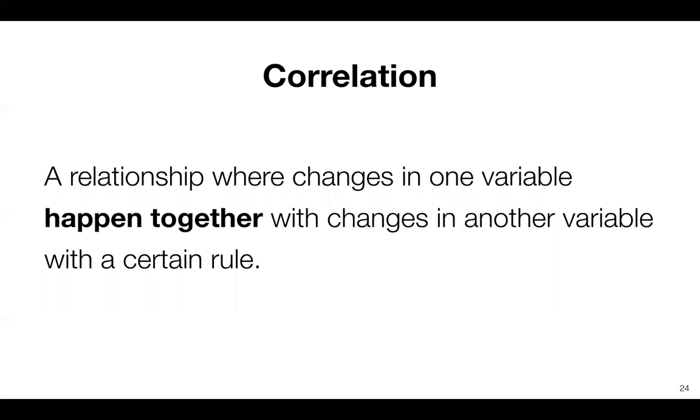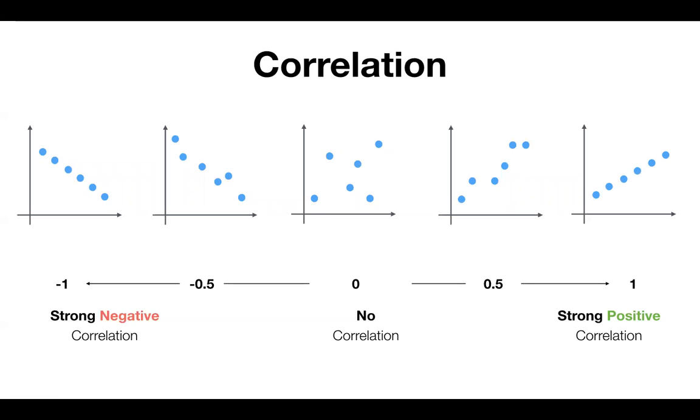Correlation is a relationship where changes in one variable happen together with changes in another variable with a certain rule. I'm sure you have seen this type of chart: a scatter chart with X and Y, where X can be, for example, age, and Y can be monthly income. There are different types of relationships, right?